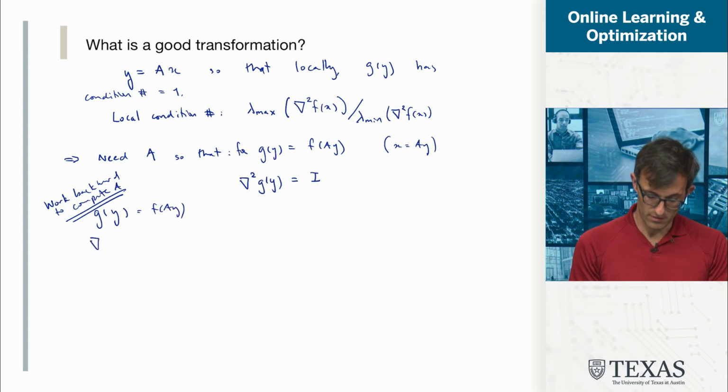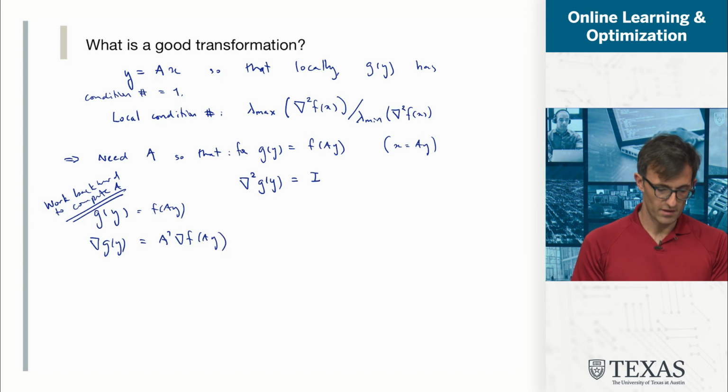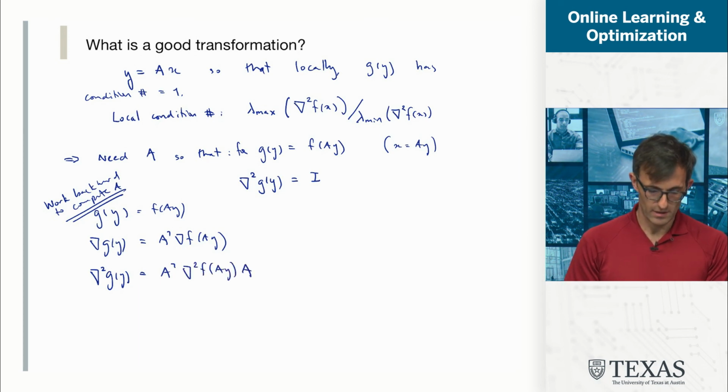That means that the gradient of g of y is equal to A transpose times the gradient of f of Ay. And that means that the Hessian of g of y is equal to A transpose times the Hessian of f of Ay times A. And this gives us the following idea.